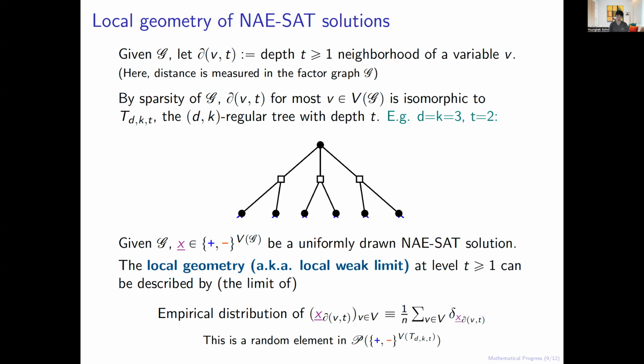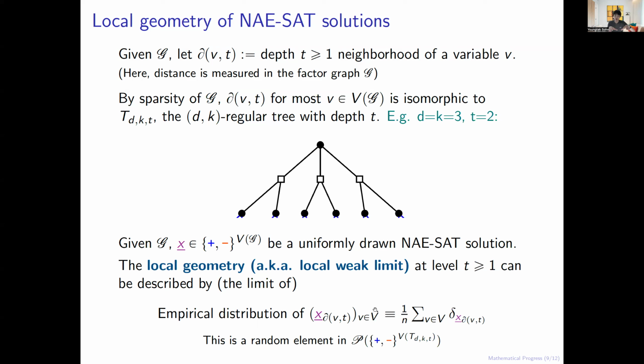Now, we can ask, if you draw solutions uniformly at random, what do these plus or minus configurations on this tree look like? Namely, let x be a uniformly drawn non-equal SAT solution. Then the local geometry, which is also called the local weak limit, at level T can be described by the empirical distribution of x restricted to the depth T neighborhood.